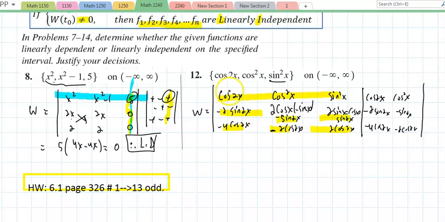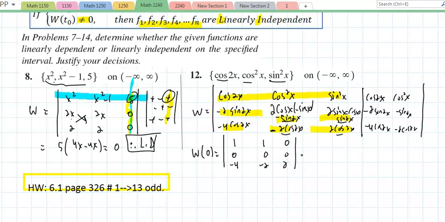Or I could say, you know what, how about the Wronskian evaluated at 0? Since that doesn't make all of them 0, that is 1, 1, 0, 0, negative 4, 0, negative 2, 0, and a 2.